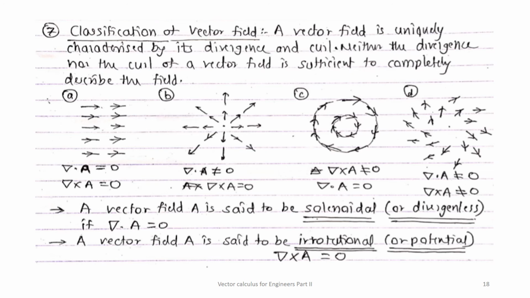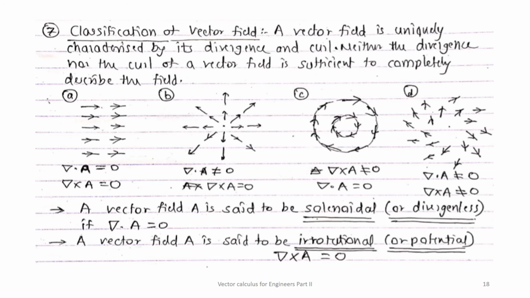And there is a slight rotation. Even though all vectors are not in one direction of rotation, there is still a rotating field, and hence curl of A is not equal to 0. So from these diagrams you will come to know when divergence of A and curl of A are equal to 0 and not equal to 0.